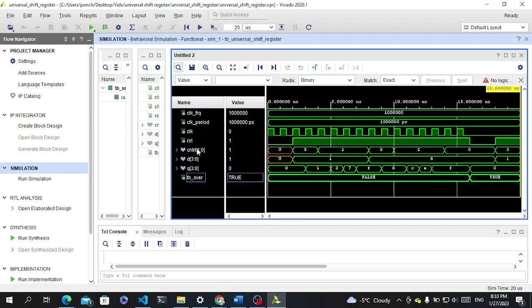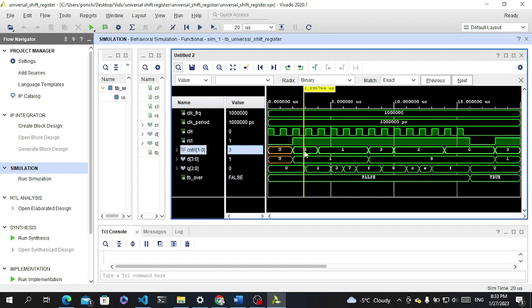As you can observe here, let's observe our control, where we start with 1, 1, and we say that we are loading. This is our output. First, when we do our reset, which is active low, in this case our output becomes 0, and then we load, which is 1, 1, and our output becomes 1.